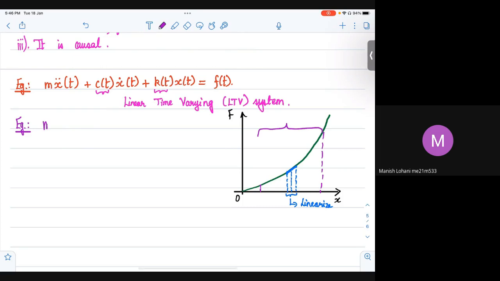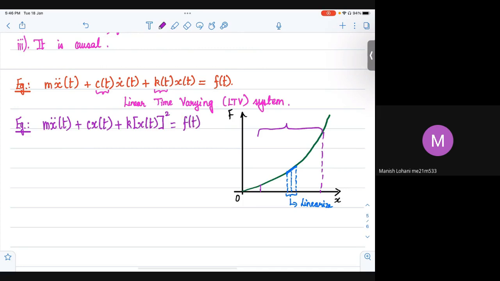So consequently, in this wider range, I may need to write down the equation of motion, assuming a linear damper, in this way. I may have to write it as some K times X of t whole squared. Let's say the spring becomes non-linear.